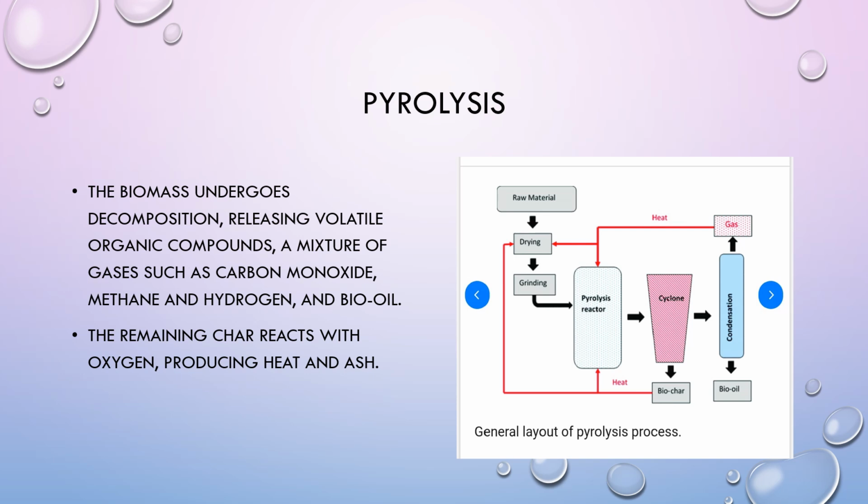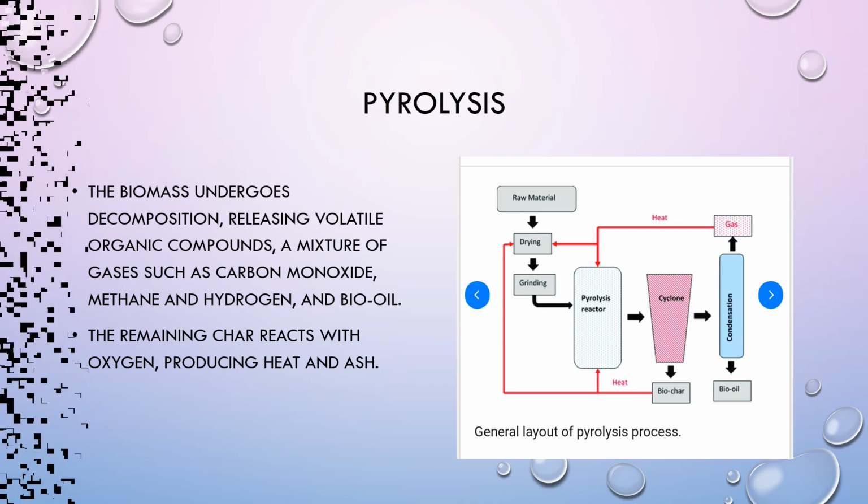Since no oxygen is present, there will be no combustion in pyrolysis. So pyrolysis basically deconstructs the whole biomass so that it breaks down the polymers in it into simpler molecules and simpler forms.